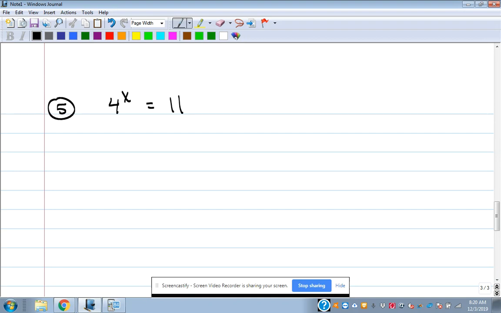What will get rid of a base 4? Log base 4. So if I do log base 4 of each side, because whatever I do to one side, I've got to do to the other. On the left-hand side, the log base 4 and the base of 4 cancels out. What's left? X.